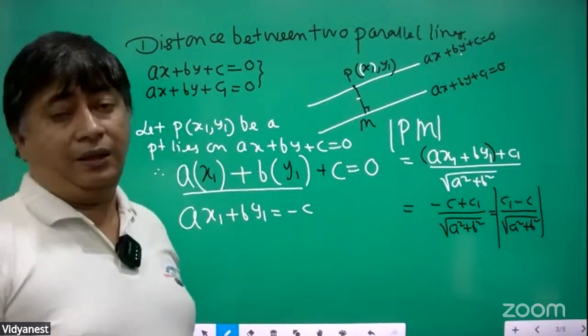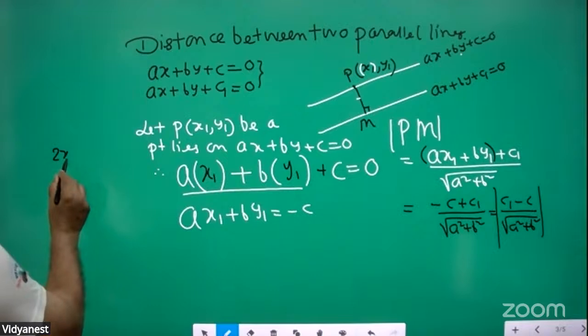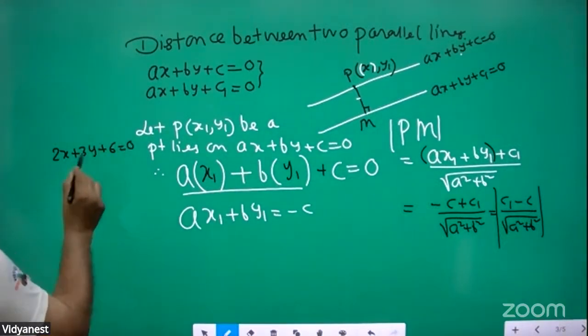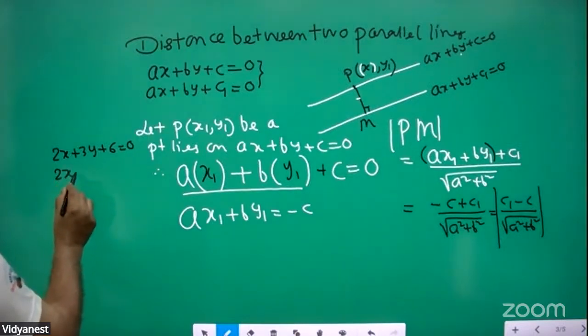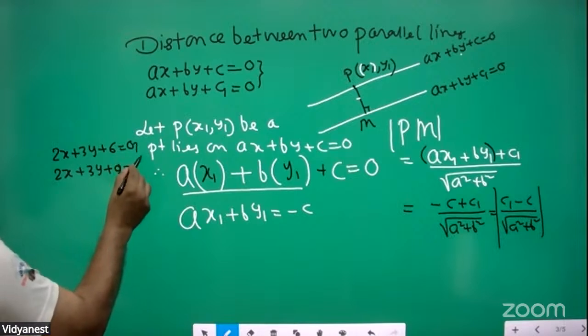Okay, suppose you have got 2x plus 3y plus 6 is equal to 0 and 2x plus 3y plus 9 is equal to 0.